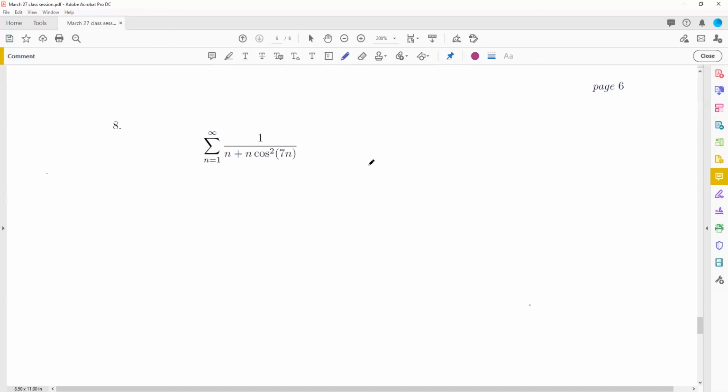Okay, so what do you think is going to happen to this? Or what can we do? When you see this cosine squared 7n, what do you think?